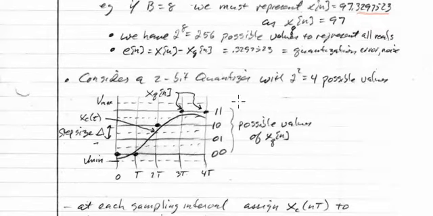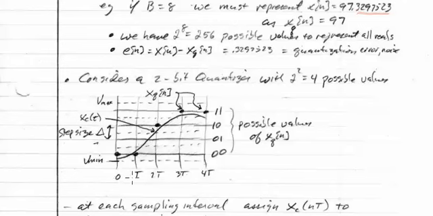Alright, let's look at a simple 2-bit analog to digital converter. There aren't very many of these around because this is for illustration purposes that I'm talking about. But basically, we see the input signal that I want to quantize right there. This is voltage at the input to the analog to digital converter, and this is time going this way.